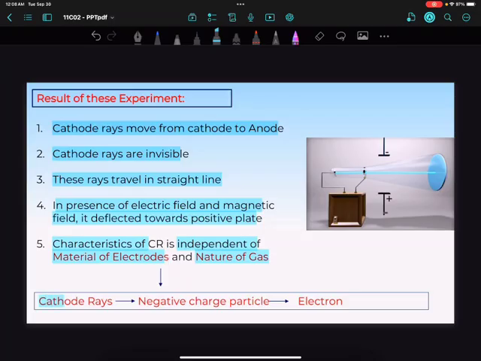They show that cathode rays are negatively charged particles, and a negative charge particle is known as an electron. So the outcome was: cathode rays are electrons.